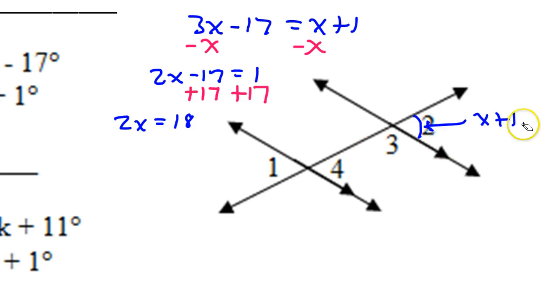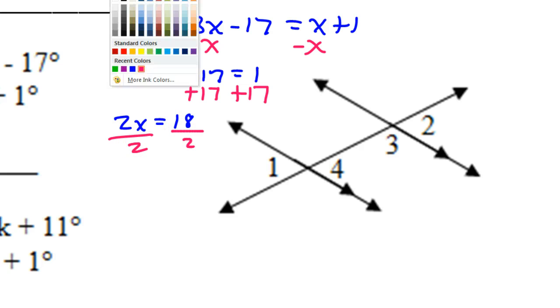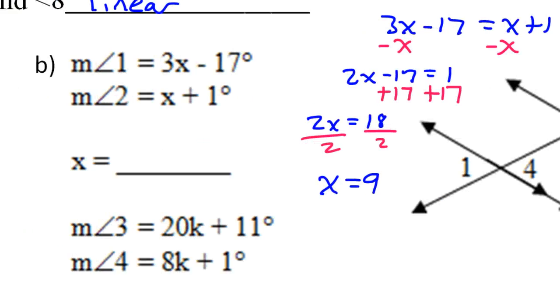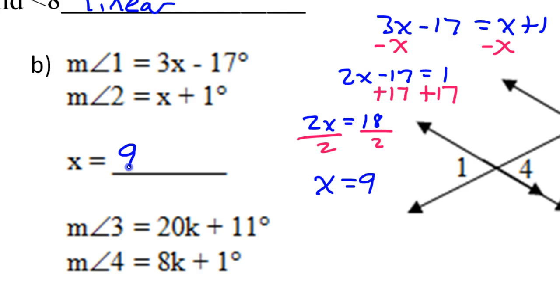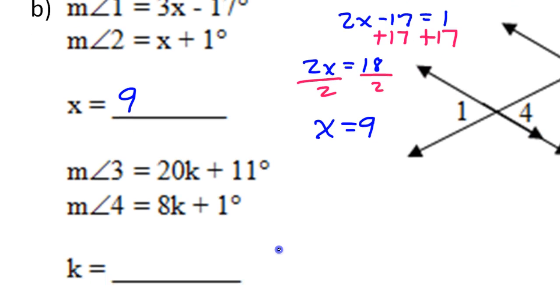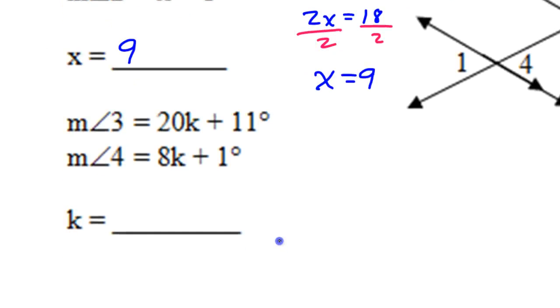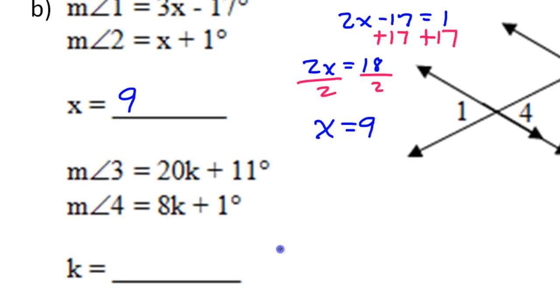Now let's divide by 2. So that's going to give us x is equal to 9. Okay, so x is 9. Alright, so that's all we had to do for that.